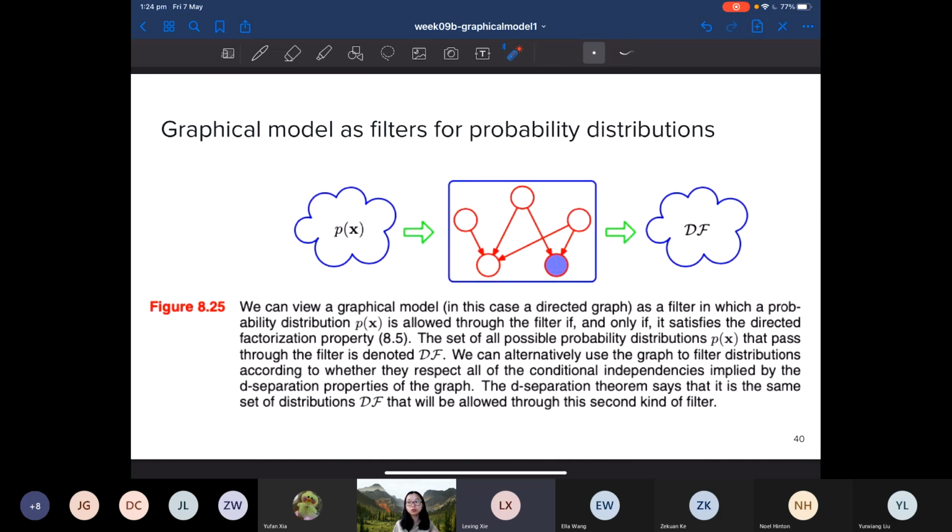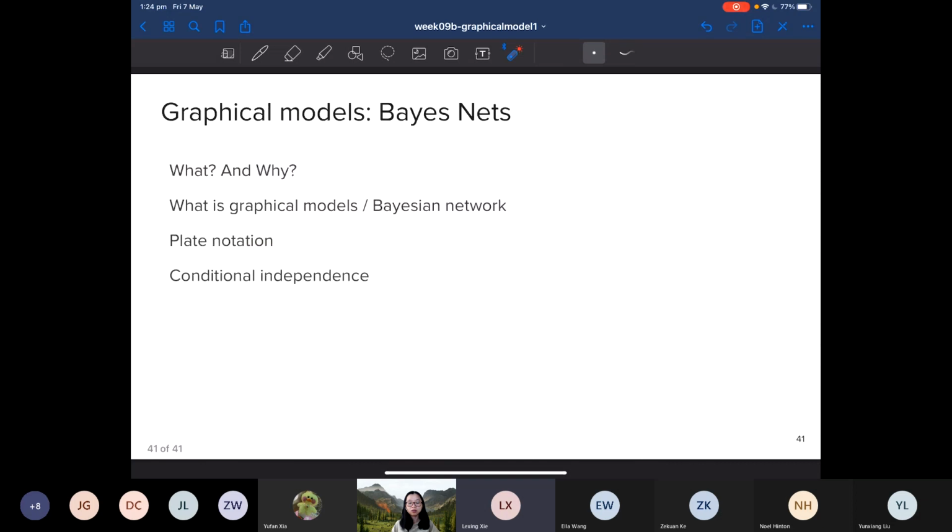This picture is useful as we look at Markov random fields on Monday. So in summary, we covered what graphical models and Bayesian networks are. We looked at what the nodes and edges mean. We looked at how to reason about conditional independence and factoring the distribution. Are there any questions so far?